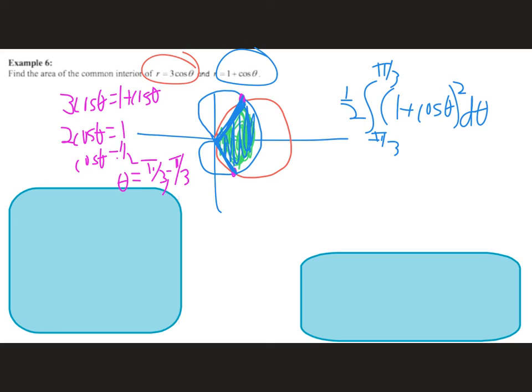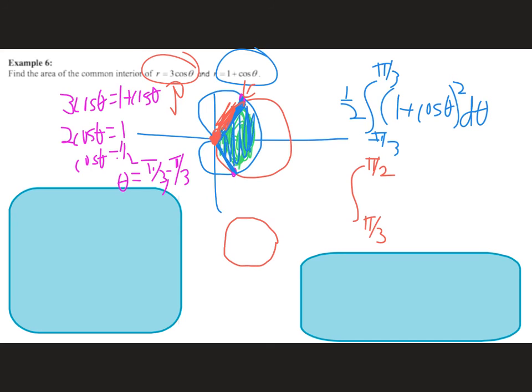Now, I have this other little bit here. If I were to trace the cosine curve, how it graphs, from pi over 3, which is here, and it goes down to here, that's going to be pi over 2. Keep in mind, it looks like we go to the origin, but cosine of pi over 2 is 0. So that's pi over 3 to pi over 2. If that's confusing, go to your calculator, look at how that curve is drawn, and how it starts like this and goes like that.